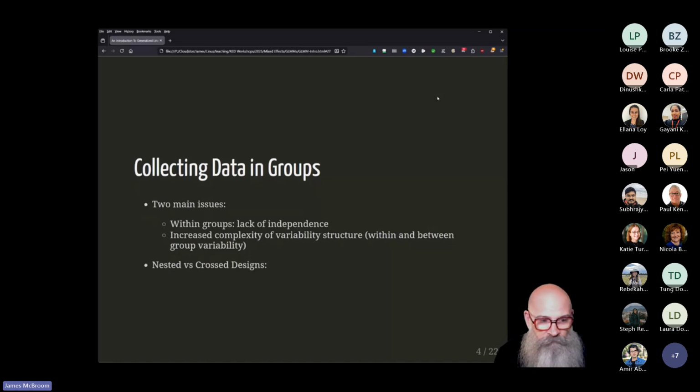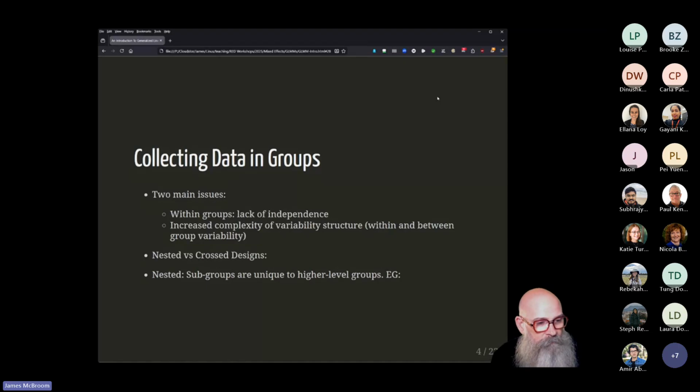We did discuss nested and crossed designs a fortnight ago. I'm not going to go back over this in any sort of detail, except to say that nesting is reasonably common, certainly when you've conducted a hierarchical type study, like I just mentioned with the universities and the groups and the schools, etc. In a nested design, subgroups are unique to their higher level group.